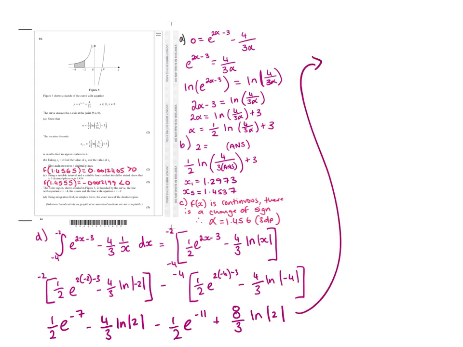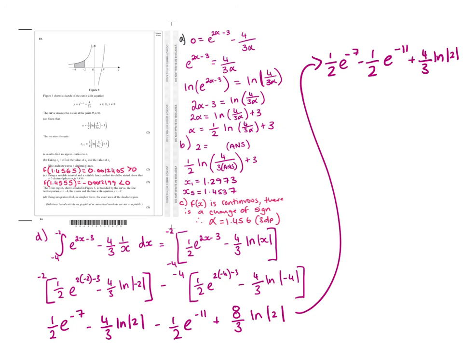Okay, it's really important, I'm just going to simplify it and then we're going to go back. So we're going to get half e to the power of minus 7 minus a half e to the power of minus 11. And now my lns are both in base, not in base 2, but we have minus 4 over 3 plus 8 over 3, which is going to give me plus 4 over 3 ln 2.